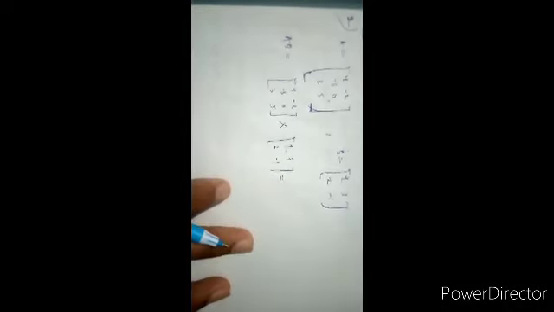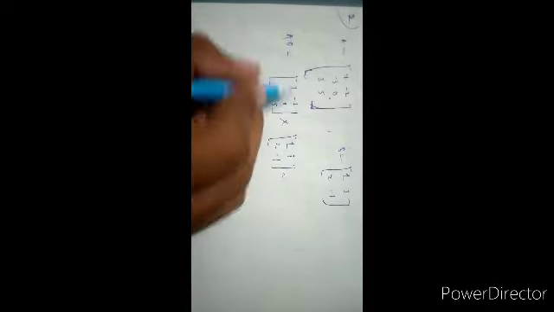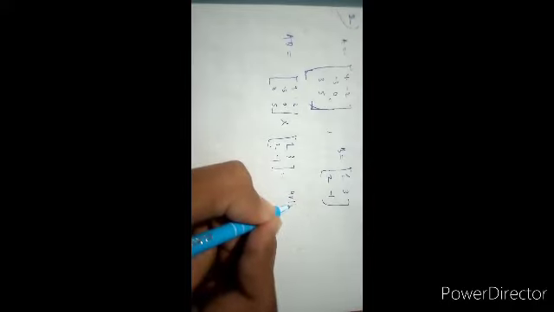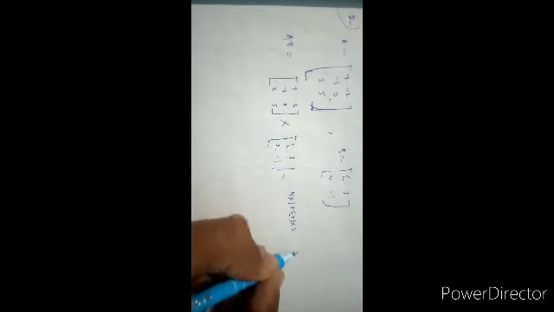So what can we write here? First of all, we multiply this row into this column, that is 4 multiplied with 1 plus minus 2 multiplied with 2.